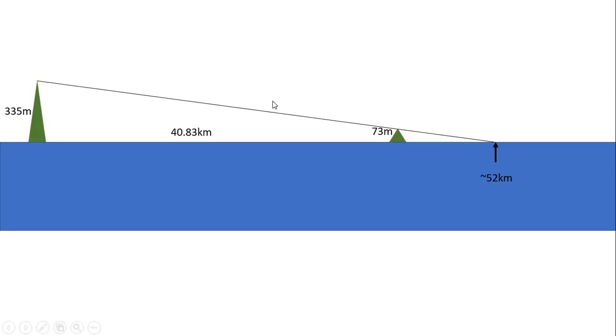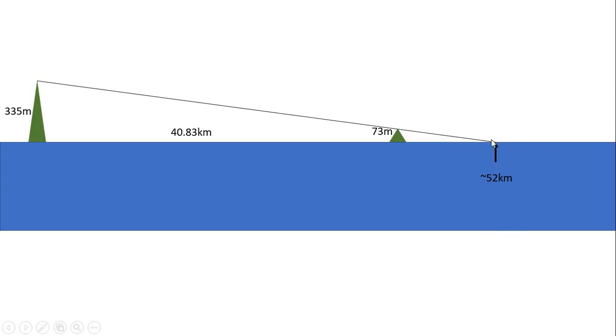So on a flat Earth, we would expect that we would look down from quite a high elevation here at 335 metres over the top of the 73-metre lighthouse to see the water in the distance. But of course, we ought to be able to see the water further in the distance as well.